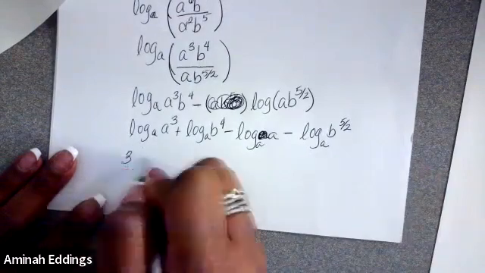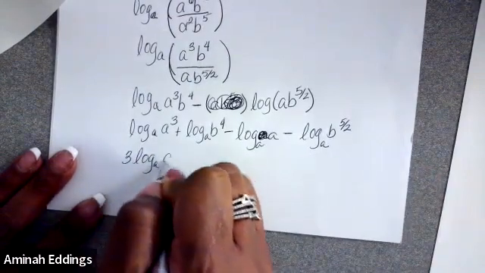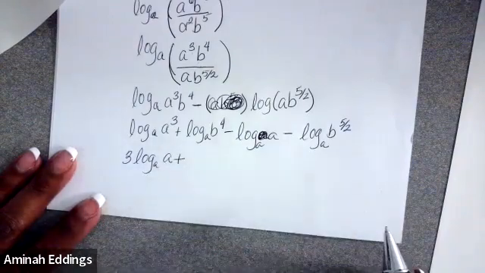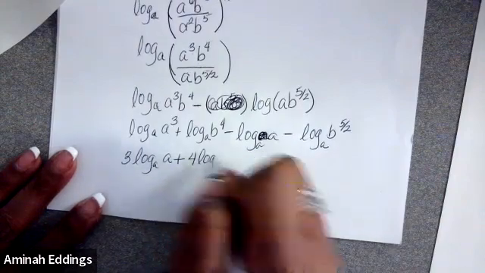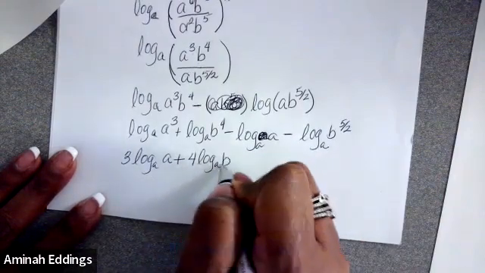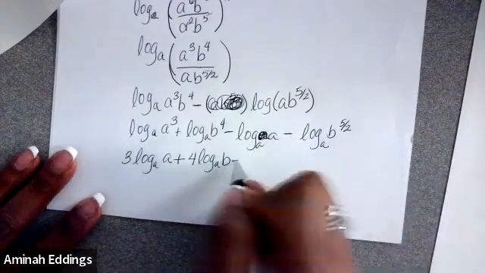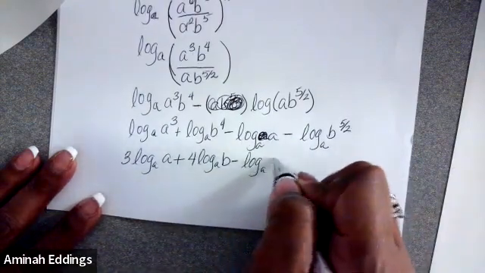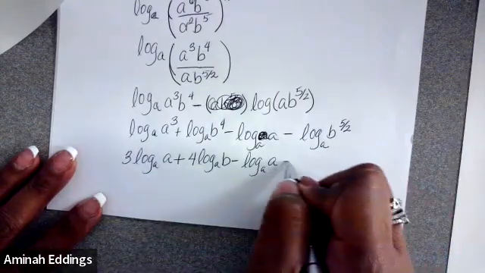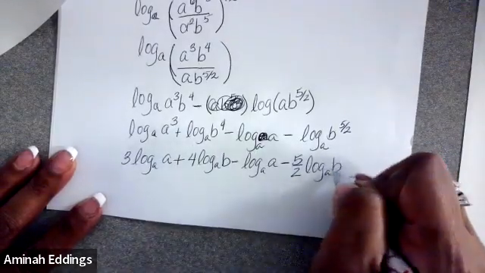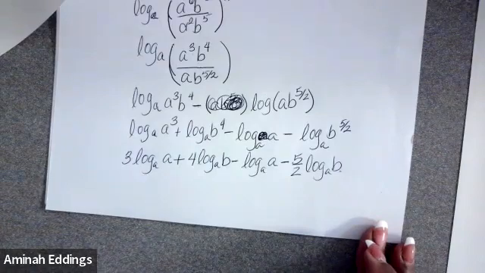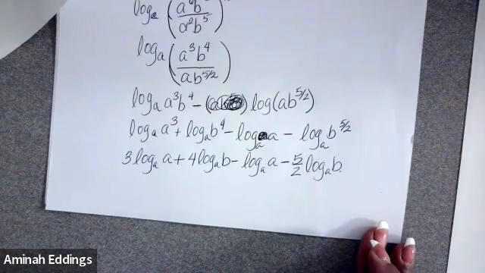So we have 3 log base A of A plus 4 log base A of B minus log base A of A, minus 5/2 log base A of B. Good. That's our final answer. Questions? Okay.